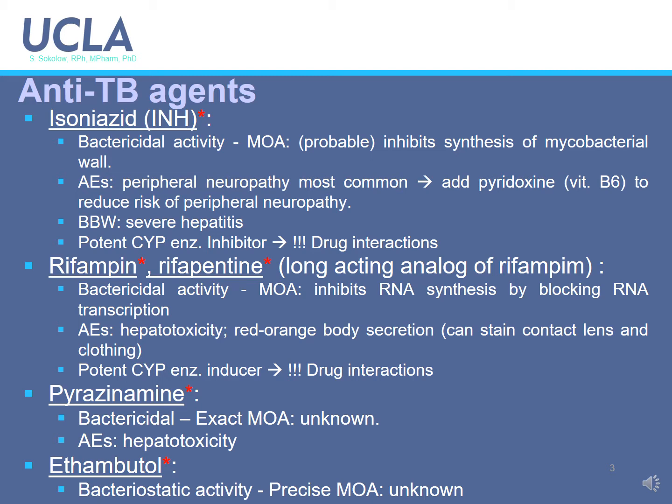And then the last one is ethambutol, which is a bacteriostatic, so it inhibits the growth of this tuberculosis bacteria. And again, we don't know the exact mechanism of action on how it targets the Mycobacterium tuberculosis, but we know that it has a bacteriostatic activity.